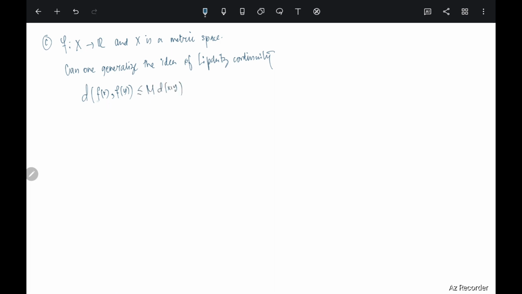Since this is in R, this can be written as |f(x) - f(y)| less than or equal to M times the distance between x and y. So you can generalize the concept like this. Of course, you can replace X with another metric space Y, and then this definition should work.